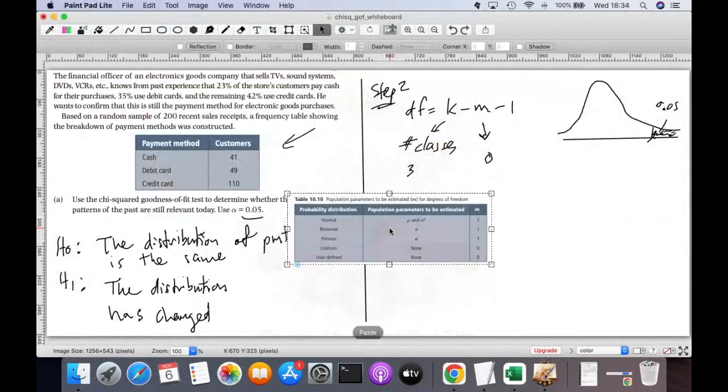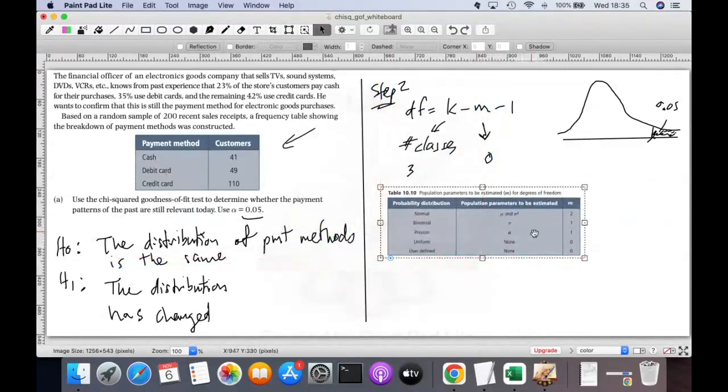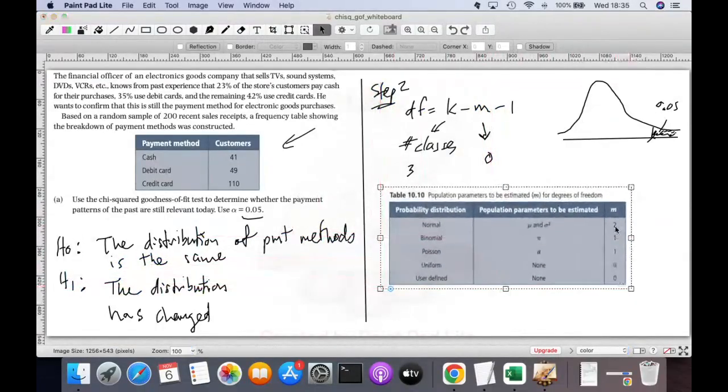The table tells you that if they're telling you to test whether the distribution is a normal distribution, then your M is 2. If they tell you to test that the distribution is a binomial distribution, then your M is 1, and your M is also 1 for Poisson. For everything else, it is 0.